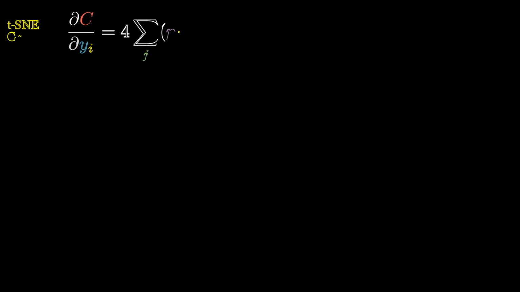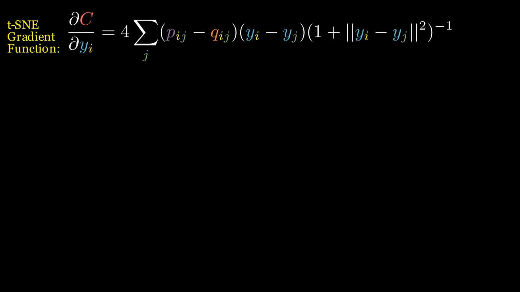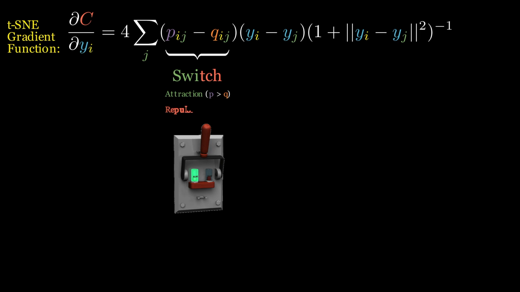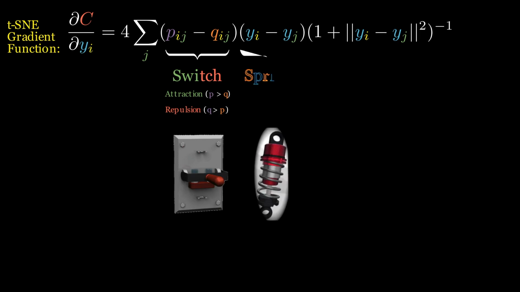When we do that differentiation, we get a very simple and frankly elegant result. This takes the form shown on the screen. This equation for nudging our map points has a very intuitive mechanical analogy. We can break this equation down into three components. The first component is a switch. This switch will be positive if P is greater than Q and negative if Q is greater than P. The second component is a spring.